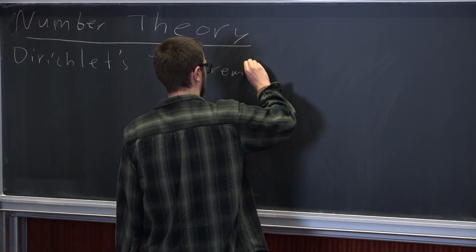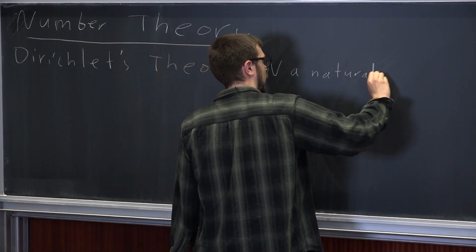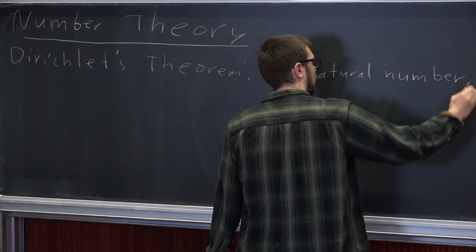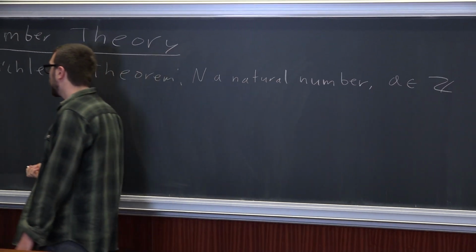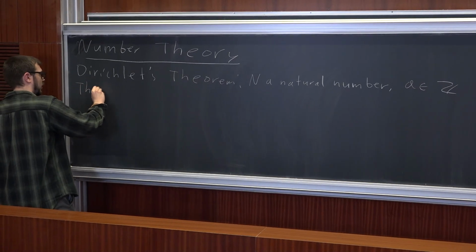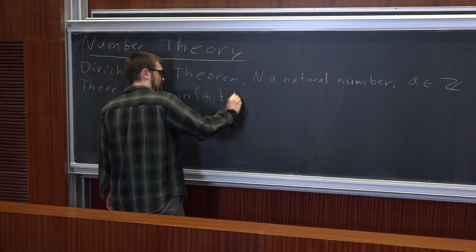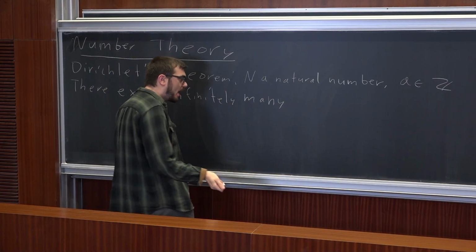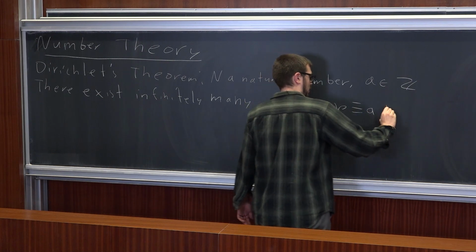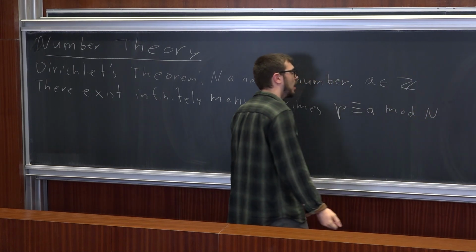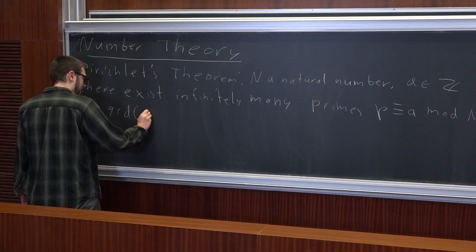Dirichlet's theorem says that for n a natural number and a an integer, there exist infinitely many prime numbers which are congruent to a modulo n, as long as a and n are relatively prime.